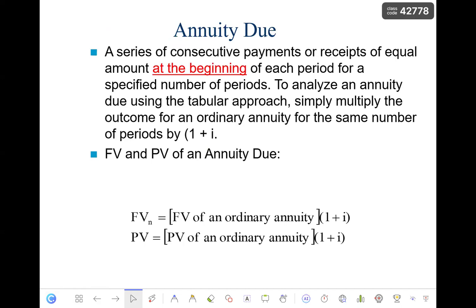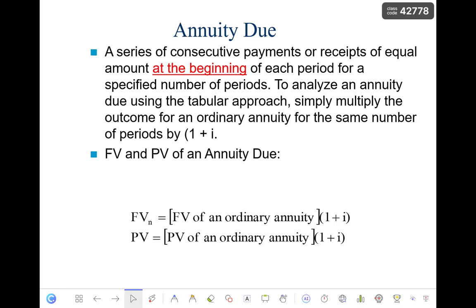So I do want to mention an annuity due. I don't know if you picked up on it, but in the other examples, we were always talking about the end of a period. An annuity due means the beginning of the period. That changes the number of periods, because in an ordinary annuity, say I owe you on December 31st, I haven't paid that out yet, so we don't count that period.